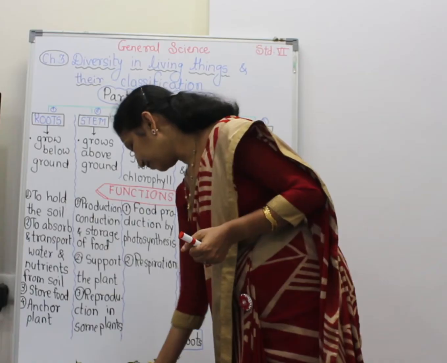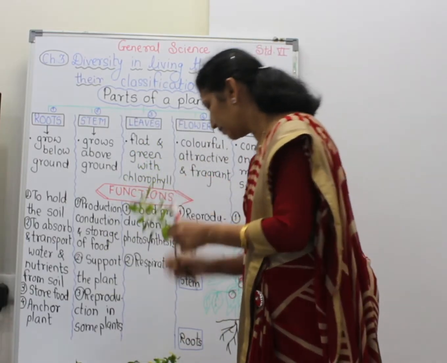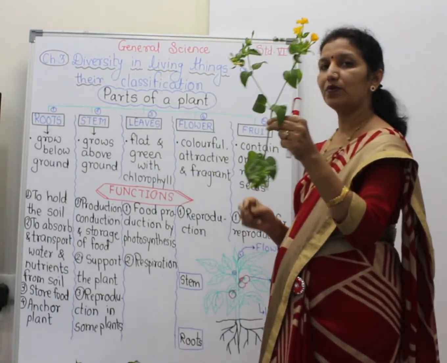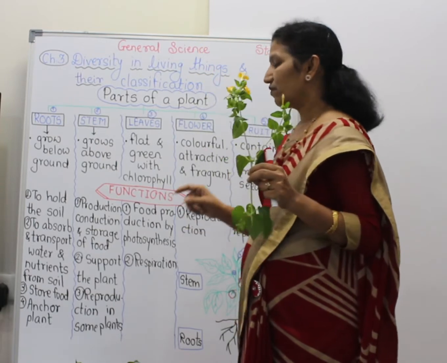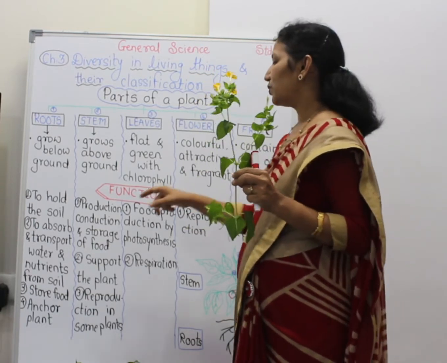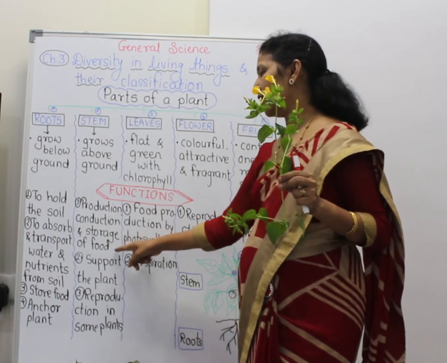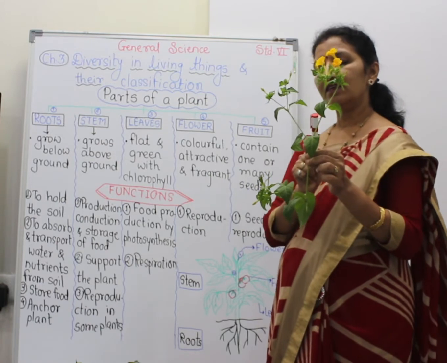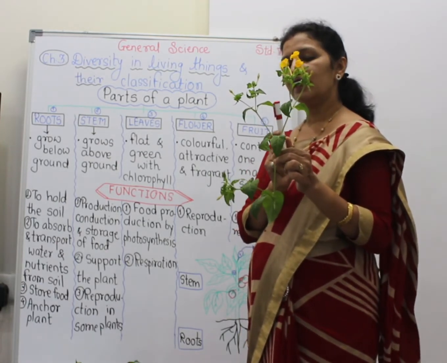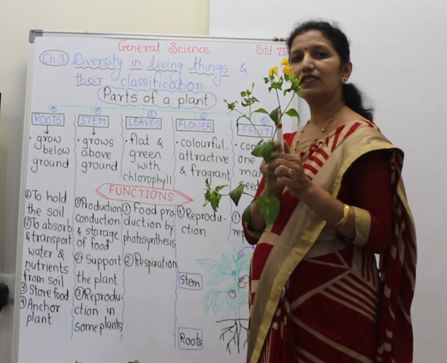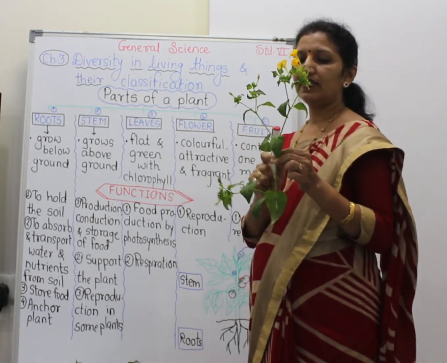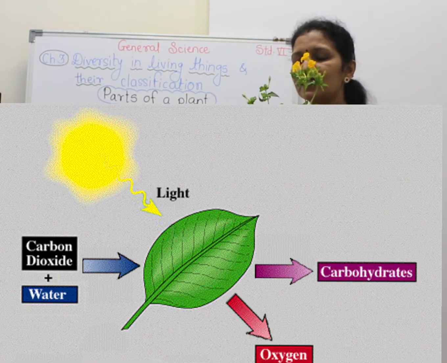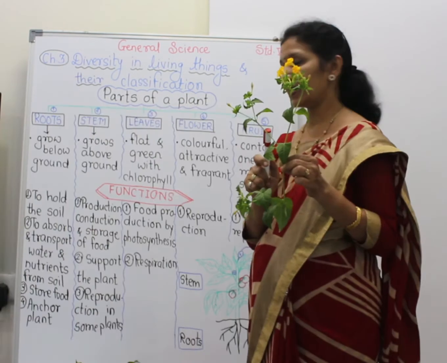Now stem. See, this is stem, this is also stem, and this stem grows above the ground. What is the function of stem? Production, conduction and storage of food. Here the conduction of food takes place through stem. There is production of food by leaves by the process of photosynthesis, and these leaves are present on stem.